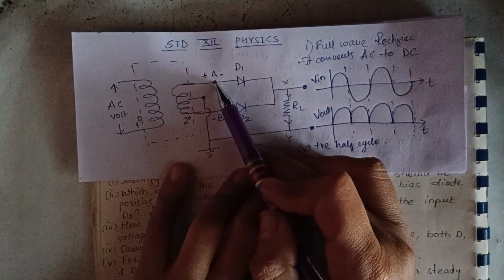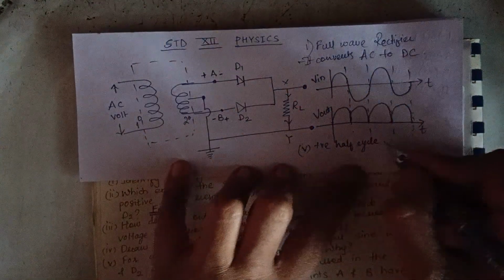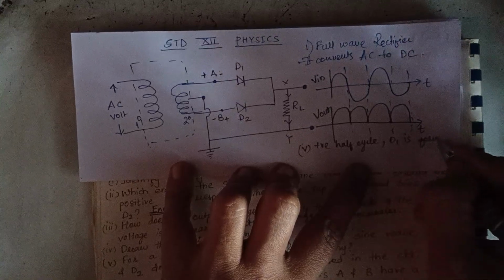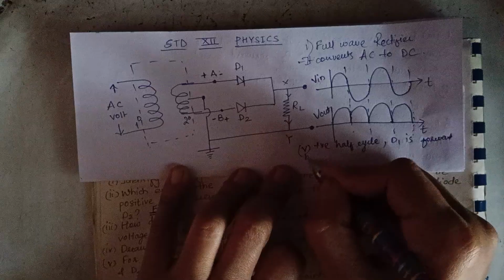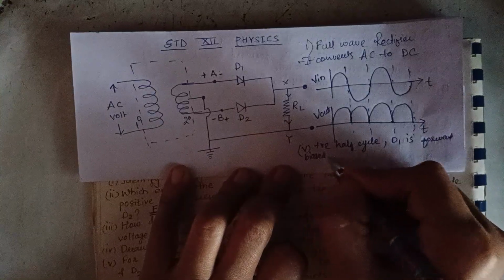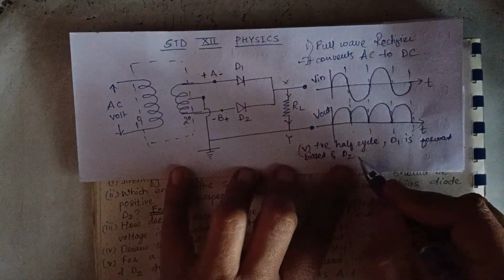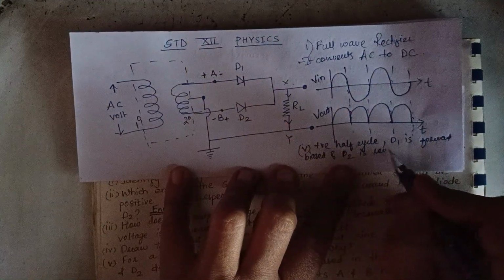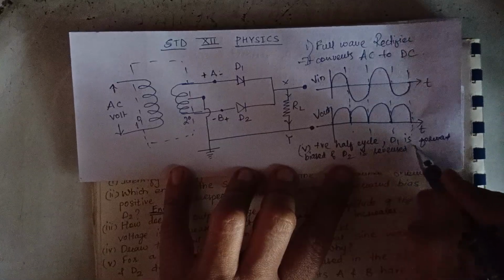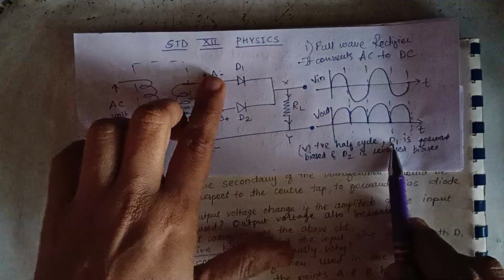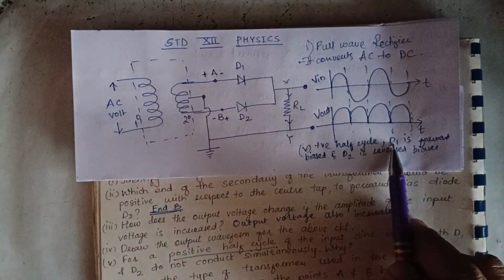So D1 is forward biased. And D2, where B is negative, D2 is reverse biased. So we can say that D1 conducts and D2 does not conduct.